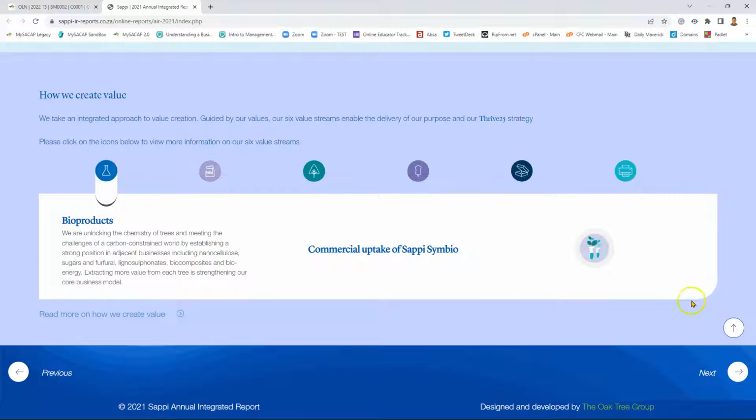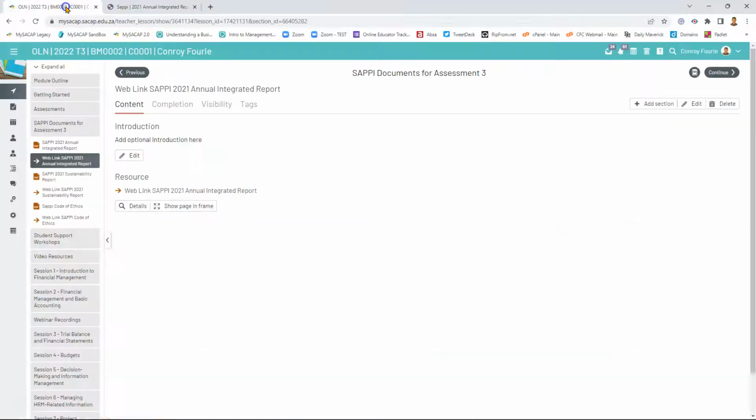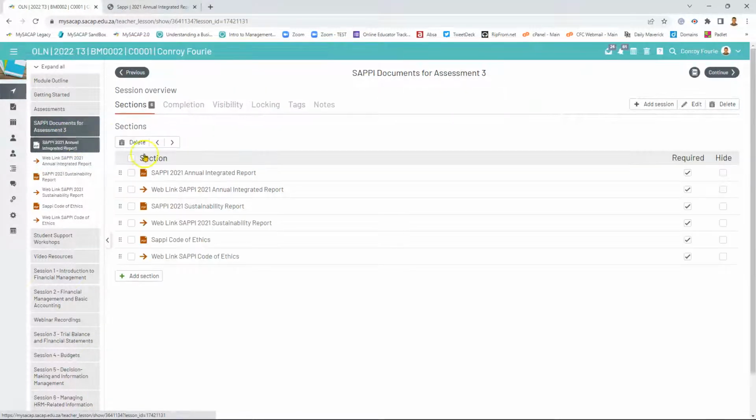And then once you've worked through that, you can go to the next page, and so on. So you've got that option, but for ease of access I've downloaded it, but again you may want to work with the actual online version, which you're welcome to do.